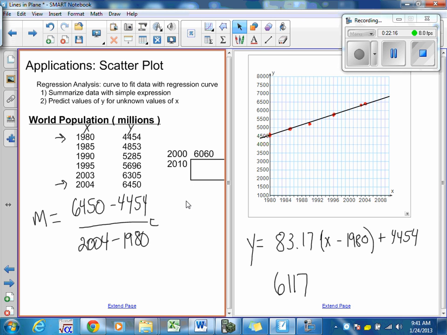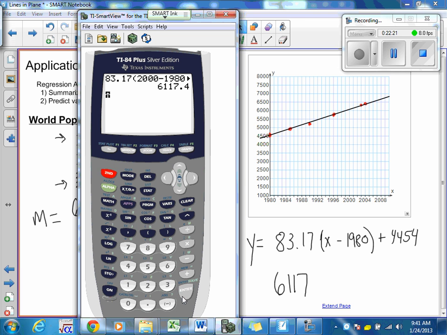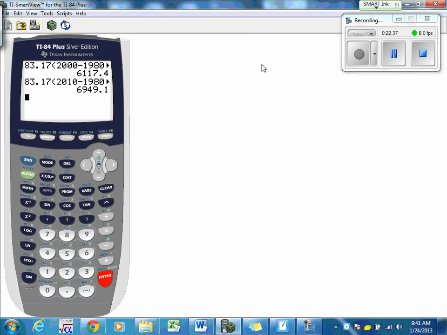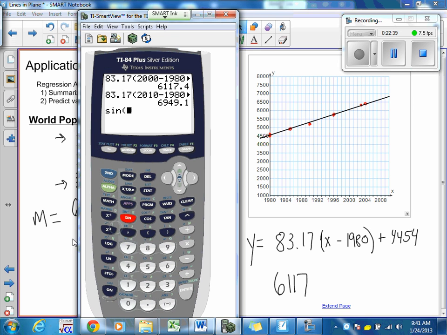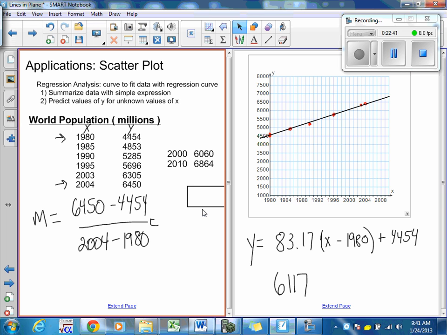If we wanted to find 2010, we could do the same thing, but we're just going to change this to 2010. And enter, and we get 69.50. If we look at what the actual answer was, 68.64.